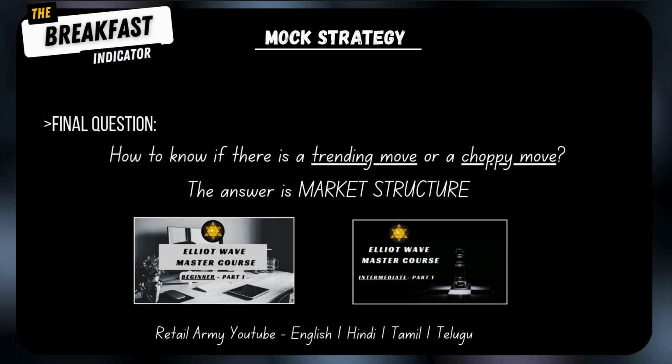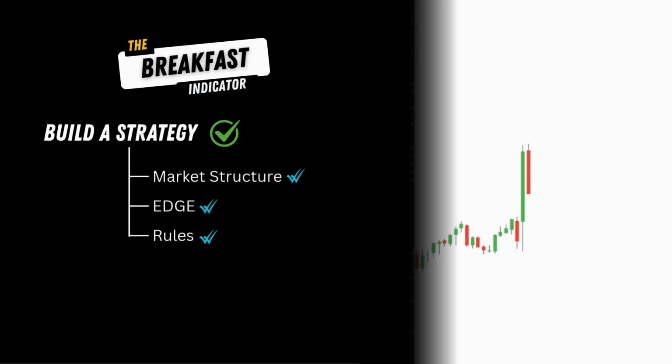Like I told you, there is no strategy in the world which will help you if you don't understand the market structure. The edge takes years to build. All right. This is solved using the indicator. So the effort we must put in is learning the market structure. That's all. All right. Now we have learned how to build a strategy by learning all its components.